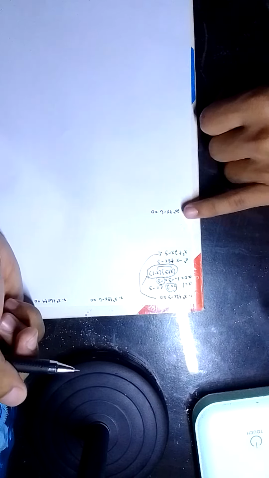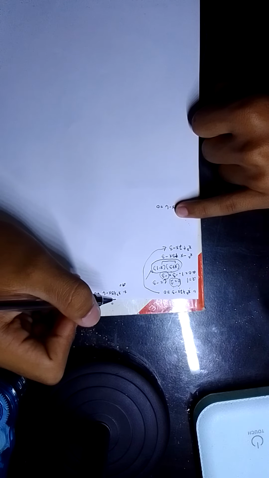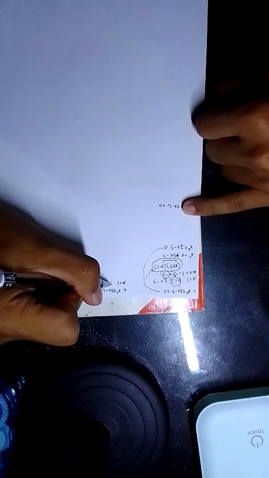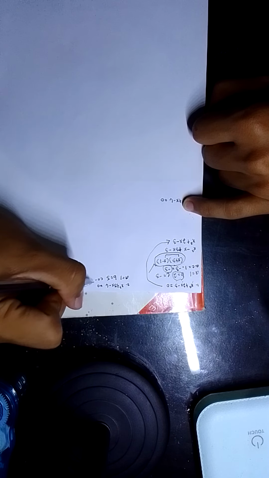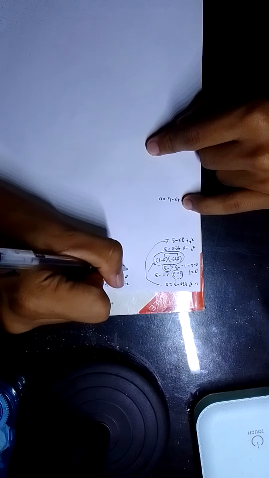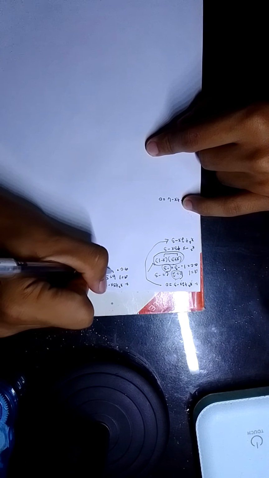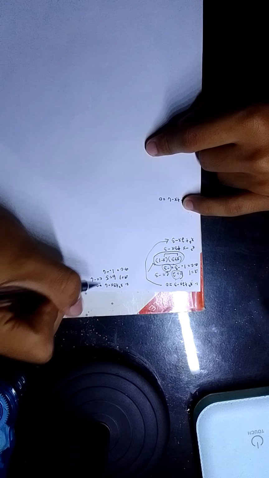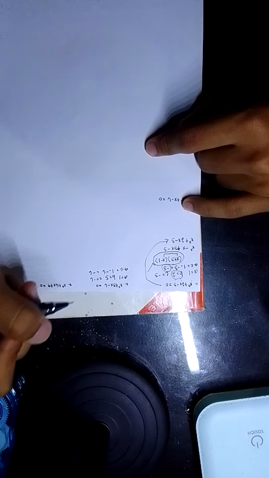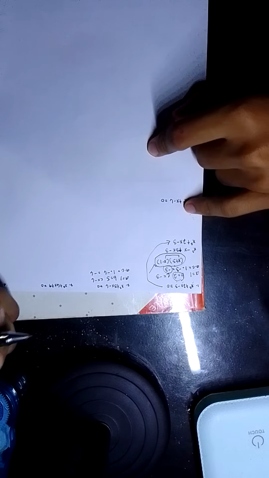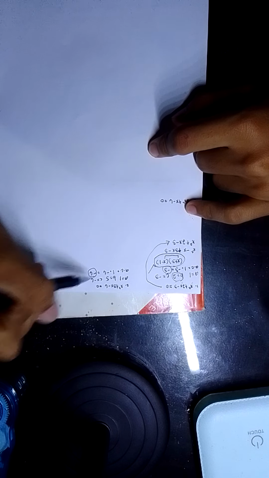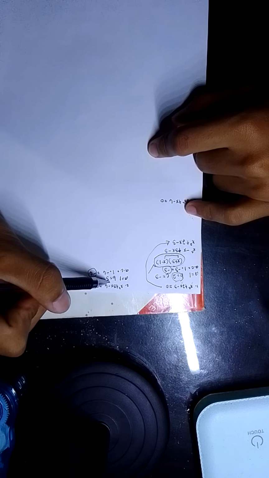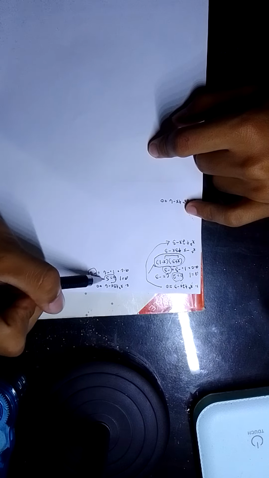For our number 2, same process. Well, let's find our A. Our A is 1. Our B is 5. And our C is negative 6. Multiply A and C. 1 times negative 6 equals negative 6. Then let's again think of a number that if you're going to multiply them, the answer will be negative 6, and if you're going to add them, the answer is our B, which is 5.